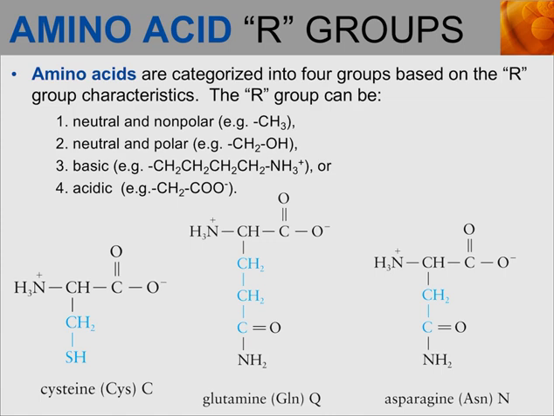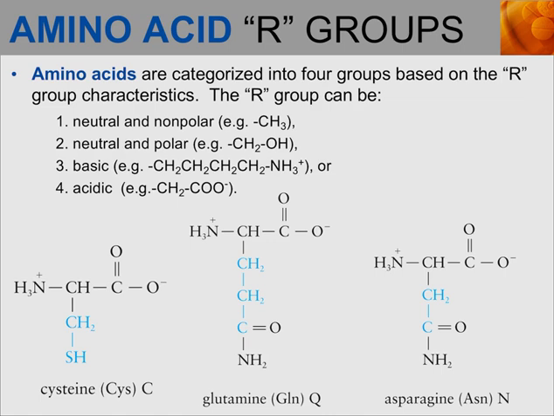I mentioned that each amino acid has its own unique side chain, which we just write as R if we're writing the generic form of an amino acid. Amino acids can be characterized into 4 groups based on that side chain and its characteristics.